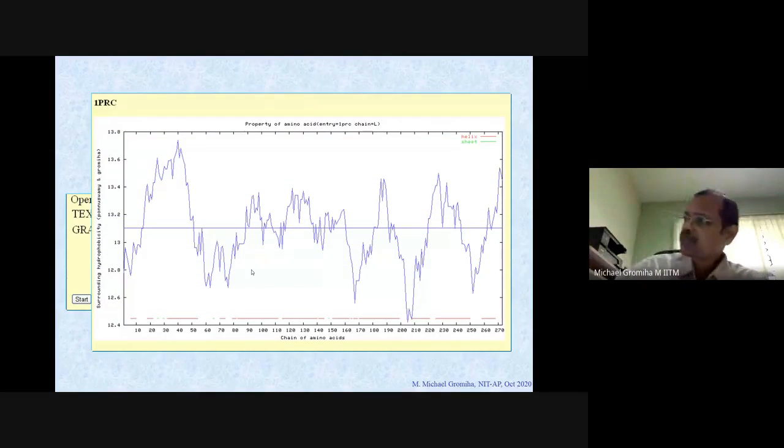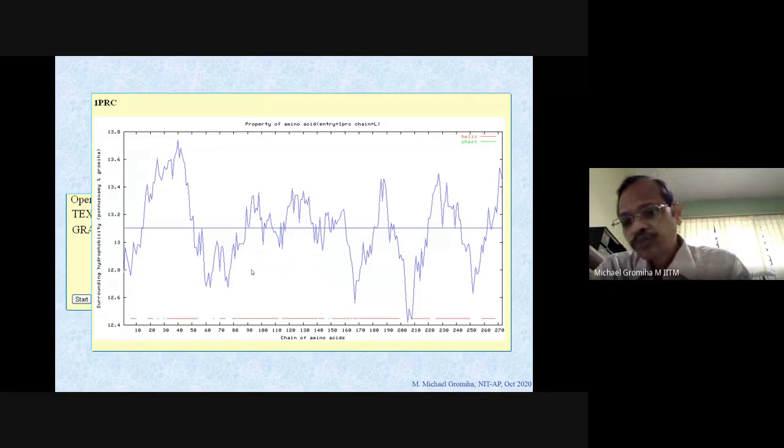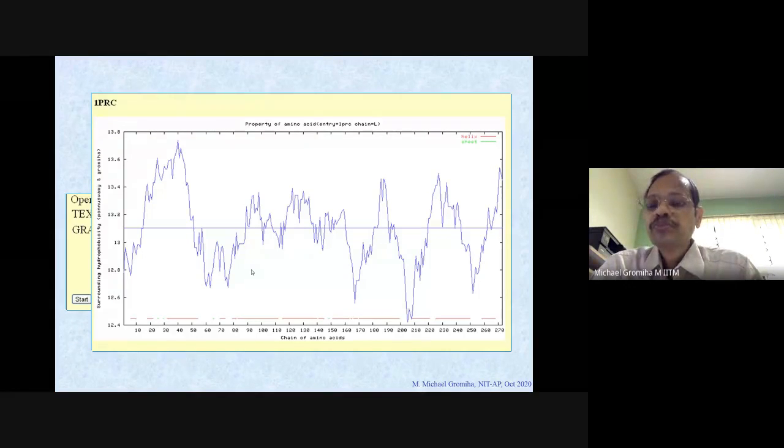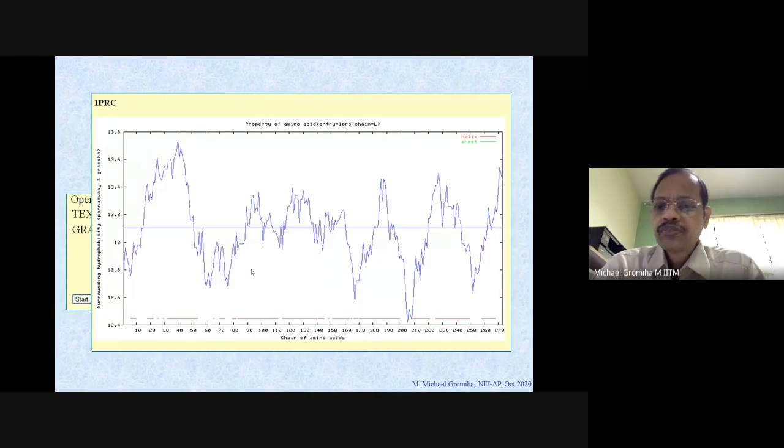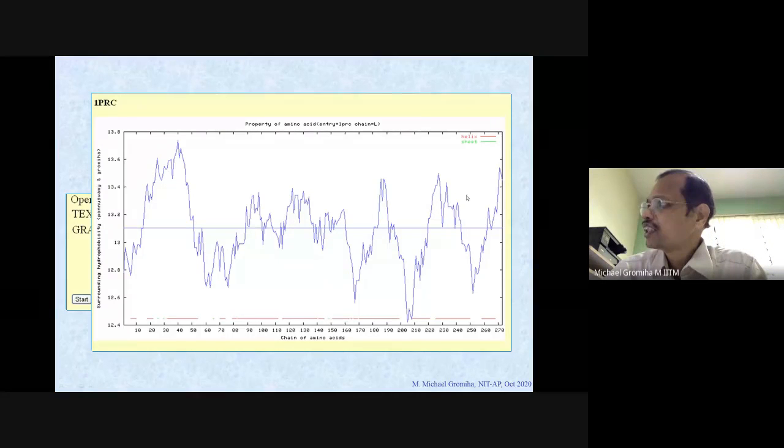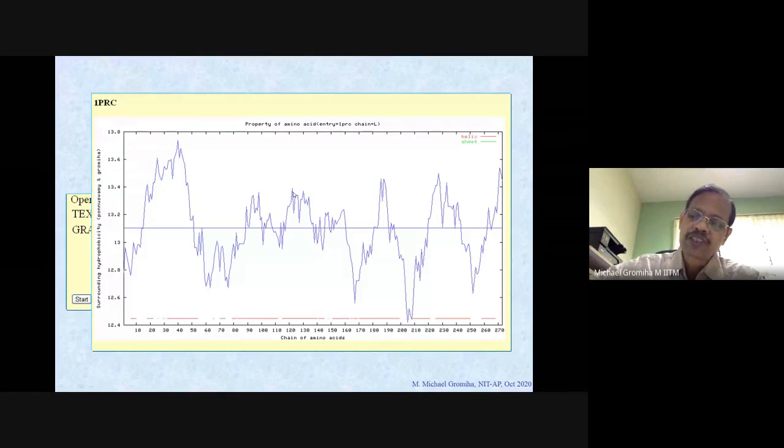Can you tell something from this graph now? You can see some very high peaks here, on this side. These are the peaks. That means these regions are highly hydrophobic.